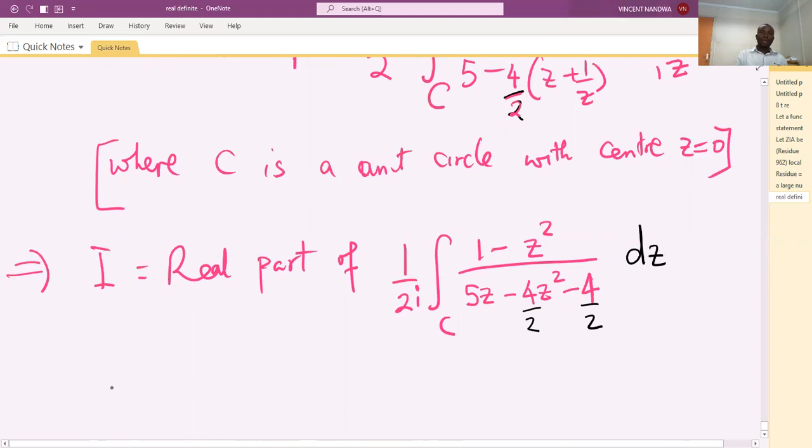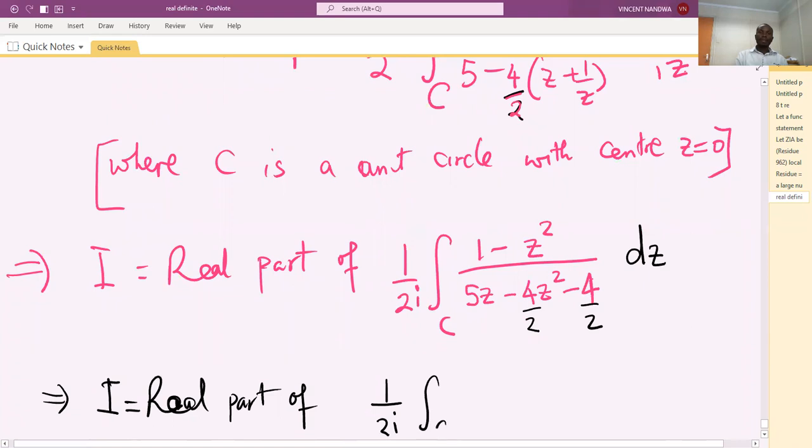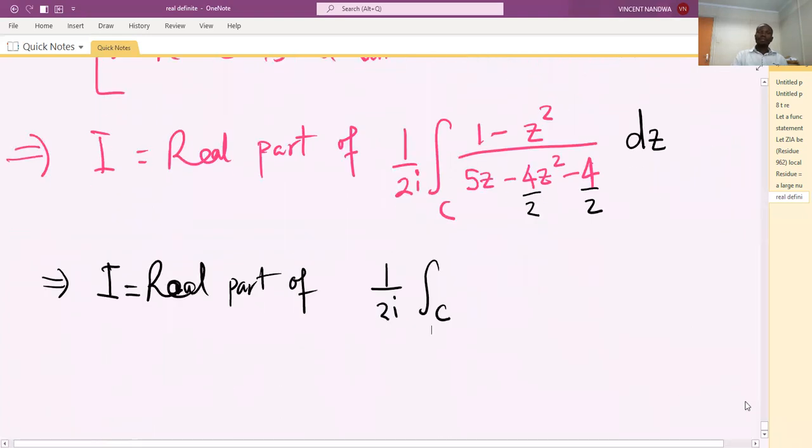So I is the real part of 1 over 2i integral along C, and then 1 minus z squared over 5z minus 2z squared minus 2 dz.